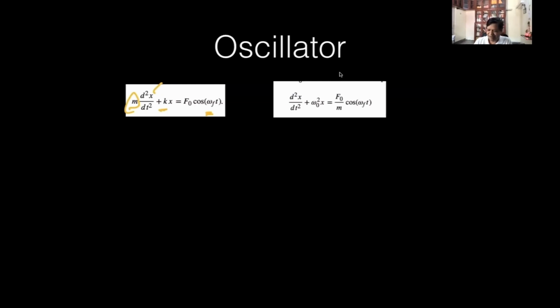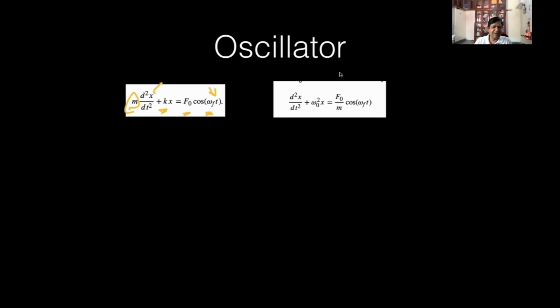There are variables, which are x and t, but there are parameters which define the equation. So how many parameters are in this equation? 4, 3, 4. So m is 1, k is 2, f naught is 3, and omega f is 4. So f naught is also a parameter, the force amplitude.